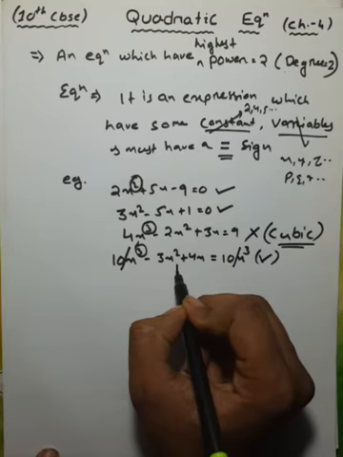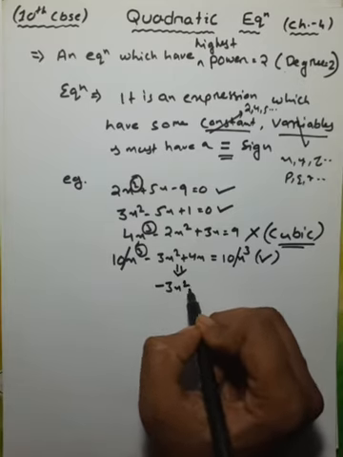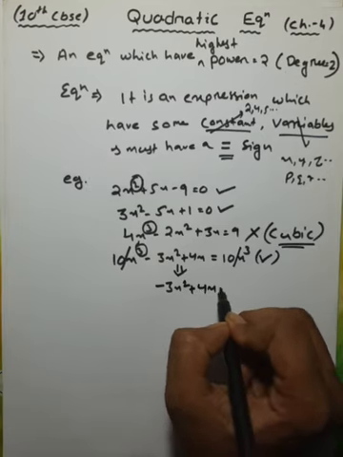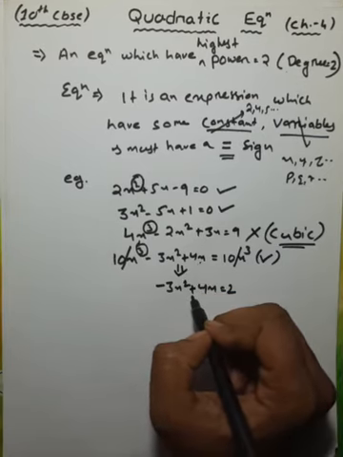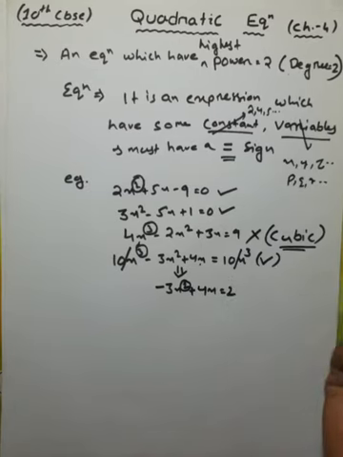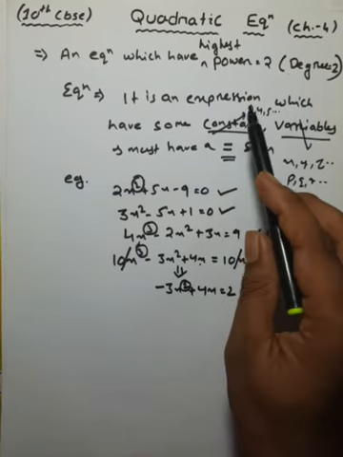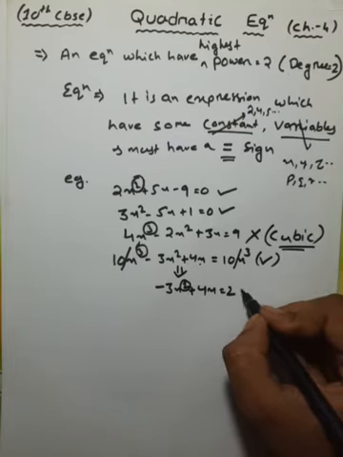So this equation can be converted to minus 3x square plus 4x is equal to 0. Here we can see the highest power is 2. As we have discussed, an equation having degree 2 is quadratic, so this is a quadratic equation.